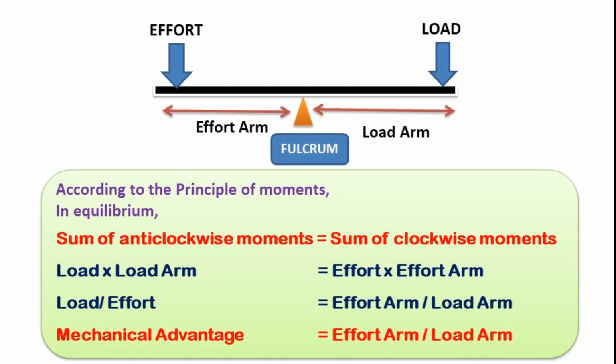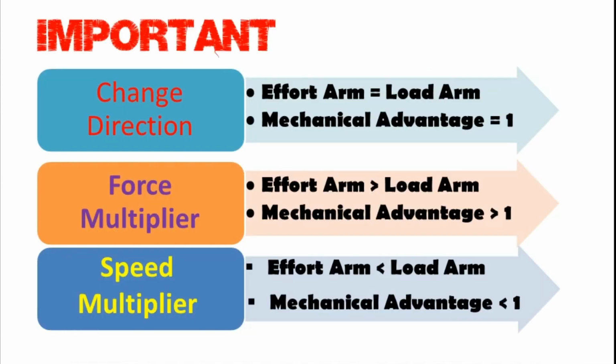Please do remember some of the important points. Number 1, if effort arm is equal to load arm, mechanical advantage will be equal to 1. Such machines are used to change the direction. Number 2, if effort arm is more than load arm, mechanical advantage will be more than 1, and such machines are used to multiply force.